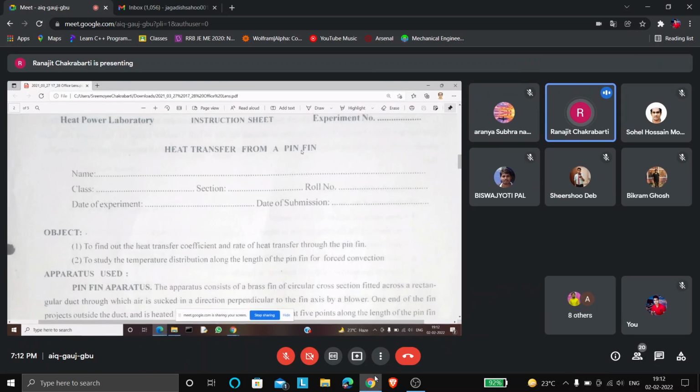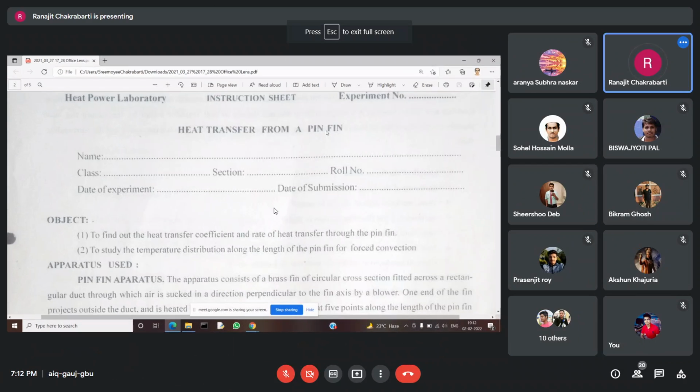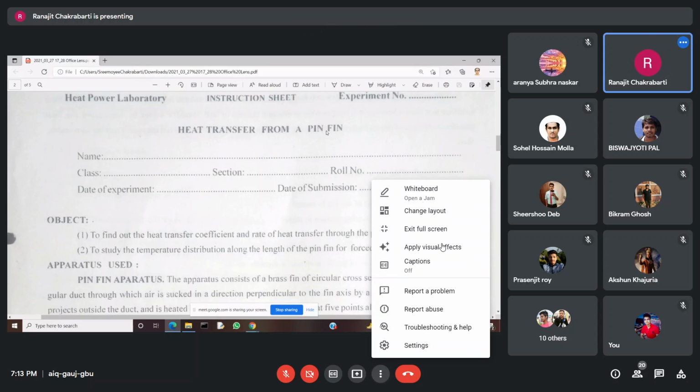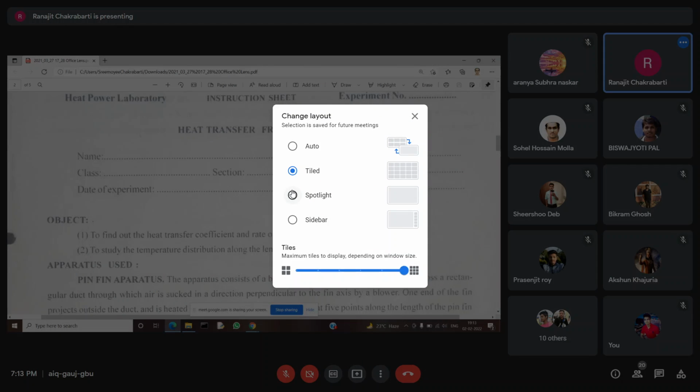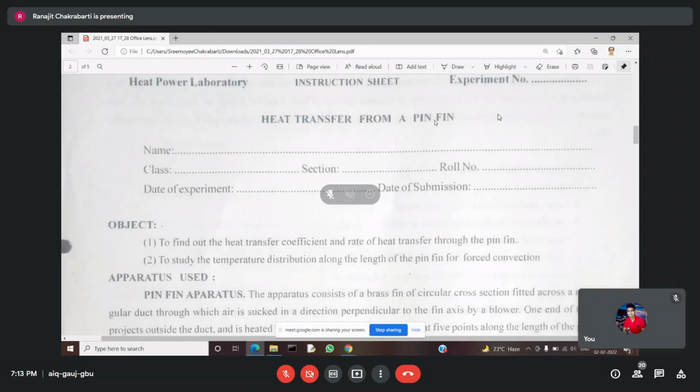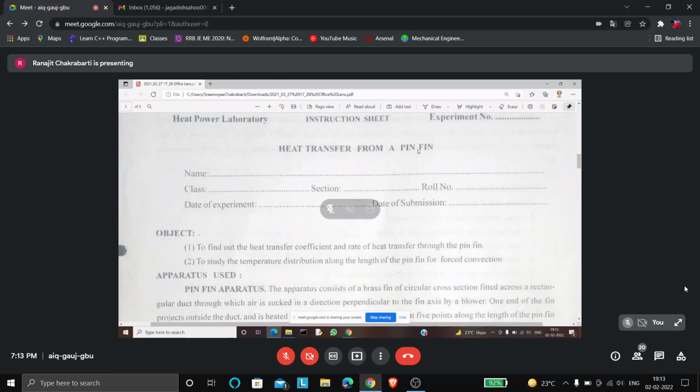Conduction will be very insignificant, and it will be mostly forced convection. Hopefully you have read about convection, conduction, forced convection, natural convection, and radiation.